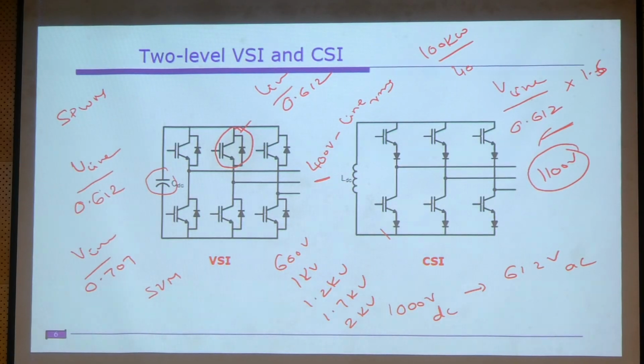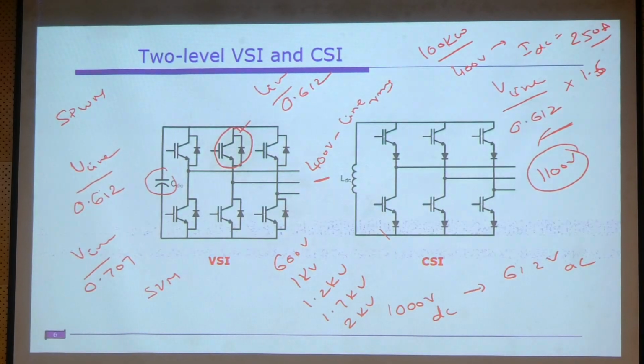If you do some mathematics, what is the DC link current? 100 kilowatt divided by 400 volts, the current is roughly 250 amperes. That means we need to select roughly a 1.2 kV and 250 ampere device. If such devices are not available, as we discussed, we connect two or three devices in parallel.